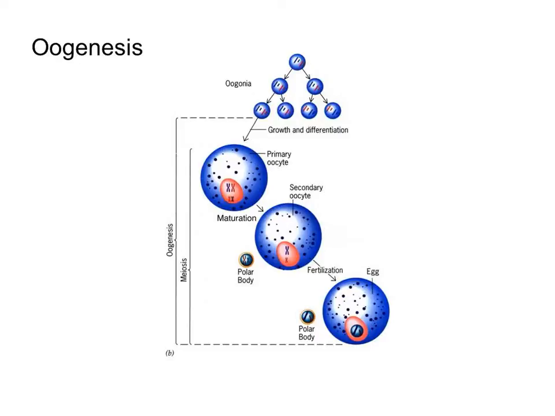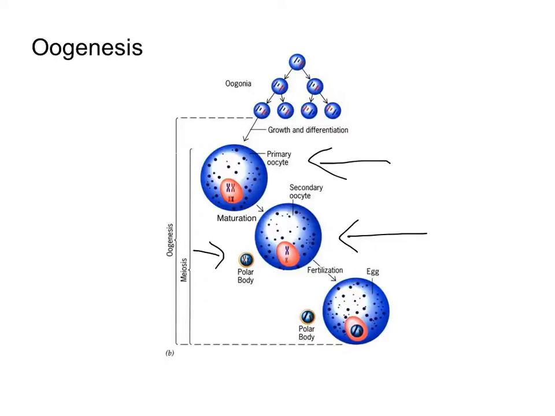However, oogenesis, which is oocyte formation or egg formation in females, is a little bit different. You'll start with a cell that will undergo meiosis I, and ultimately meiosis I will produce 2 cells. Now these 2 cells, you'll notice, are different in size.